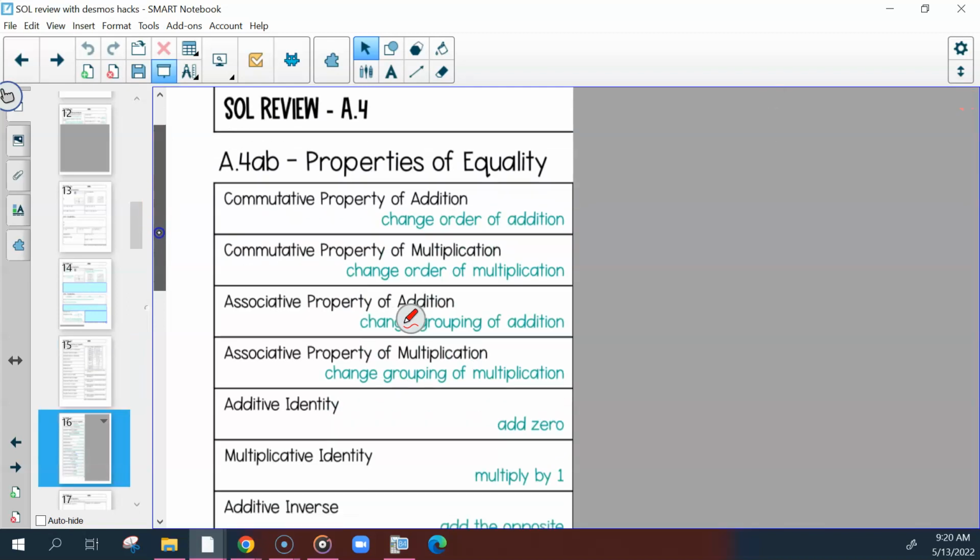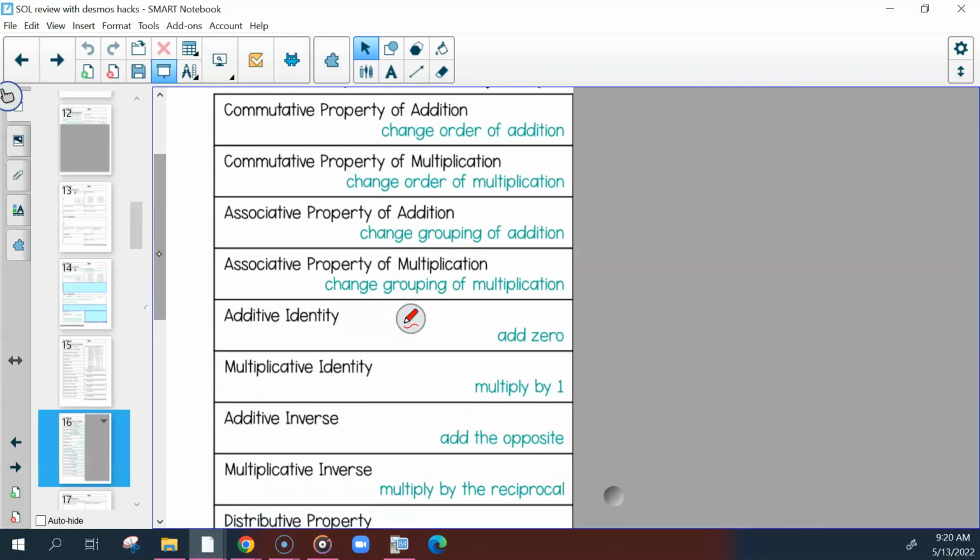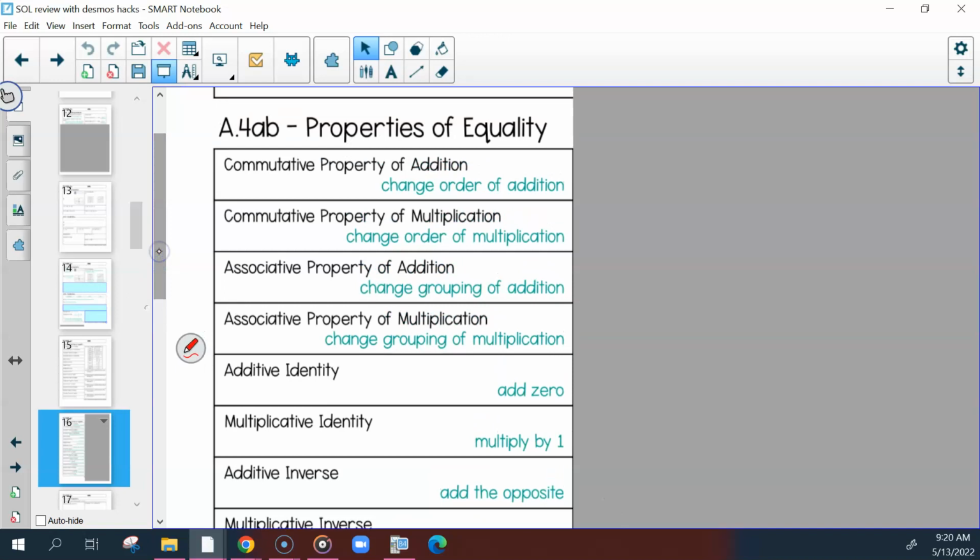The last page we didn't get to this page, but I'm going to pull this up. You can start writing this down. For the A.4.AB properties of equality, start writing these down, and I'll read them off and go back up.